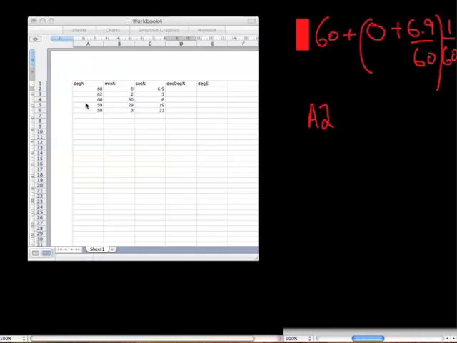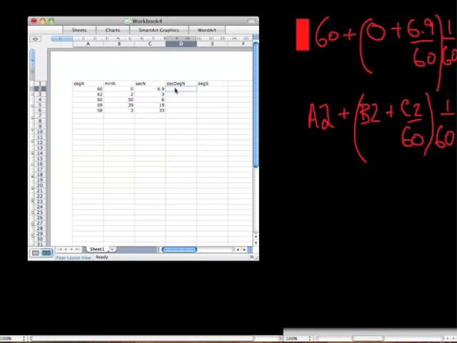A2 is our degrees, plus B2, plus C2 over 60, all times 1 over 60. So that's probably pretty straightforward as a sum, and the important thing is that we're starting to use references or variables instead of the actual numbers themselves.